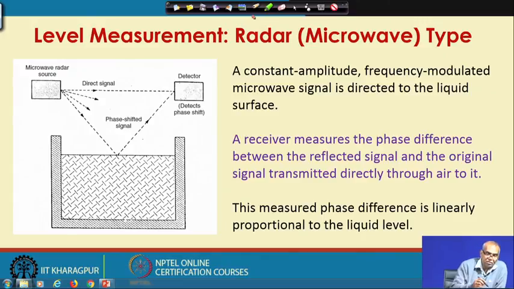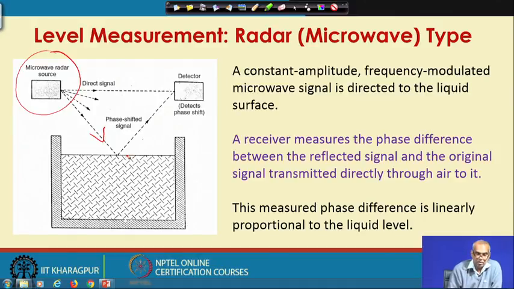Look at the schematic, you have a microwave radar source which sends a microwave signal directed towards the top surface of the liquid level, and there is a detector which receives the reflected radar signal.